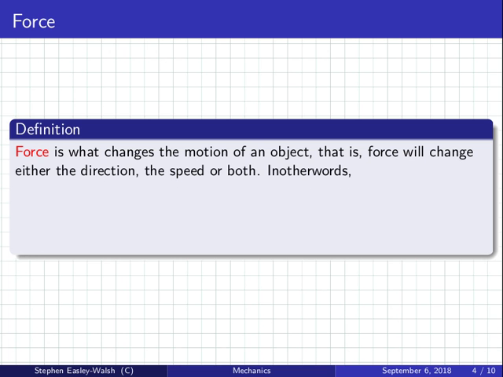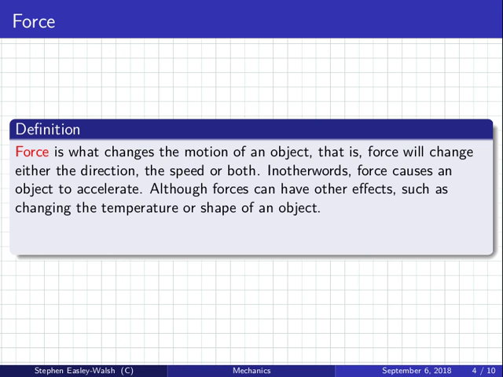Now, I think just that sentence will be enough. The rest is just for extra understanding. So, in other words, force causes an object to accelerate. Although forces can have other effects, such as changing the temperature or shape of an object. If I squeeze this, I can change its shape.